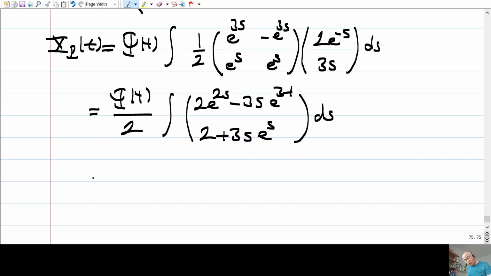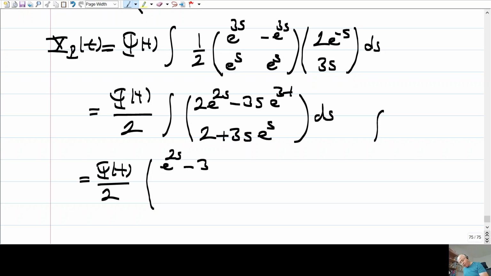Now we have to compute this integral. So I just take the integral of each entry. The integral of 2 times e to the power 2s is just e to the power 2s divided by 2, minus 3 times the integral of s times e to the power 3s.